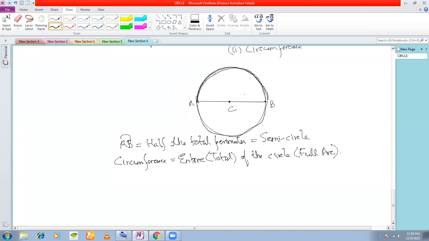Clear? So full arc is called the circumference. Half the arc is called the semicircle. And if we join the endpoints of the semicircle with the center, then this becomes the diameter. So that is the definition of major, minor arc, semicircle, and circumference.